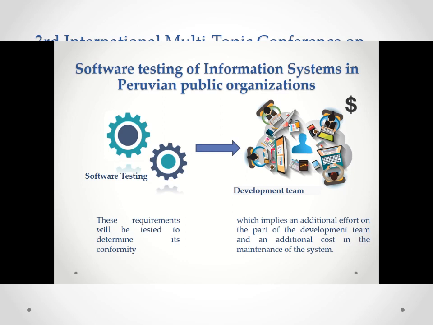And in software testing, the requirements will be tested to determine its conformity. So it implies an additional effort on the part of the development team, and an additional cost in the maintenance of the systems.